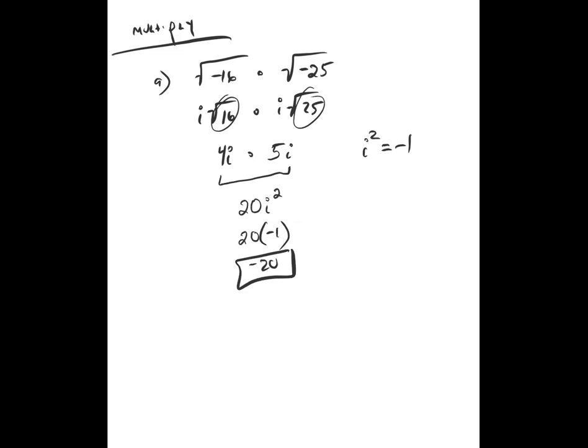A nice example there of multiplying these two radicals. Questions? Okay, I'll move on then. Now how about we take a look at this one where we have open parentheses 3 minus 7i close parentheses to the power of 2.